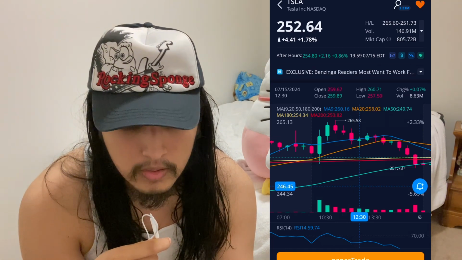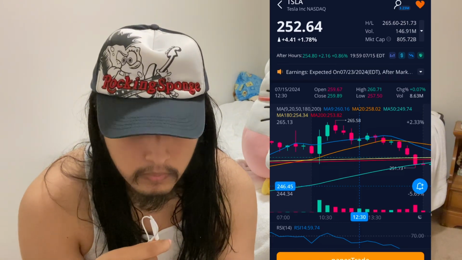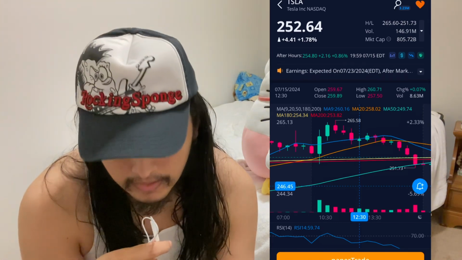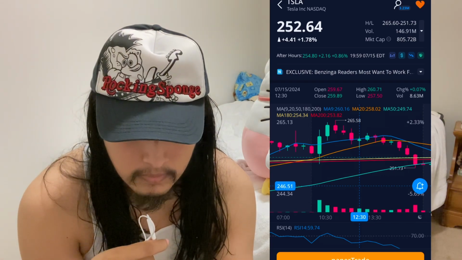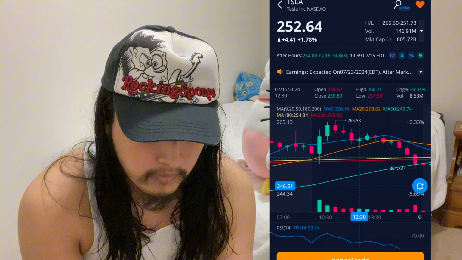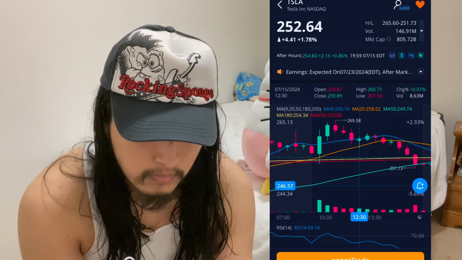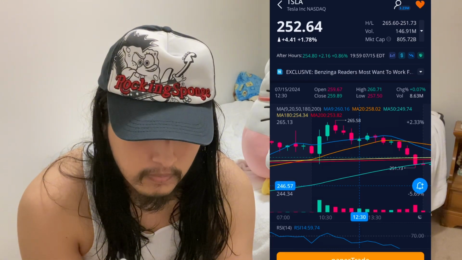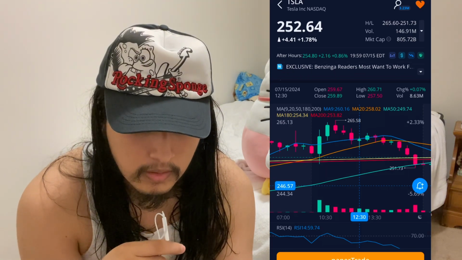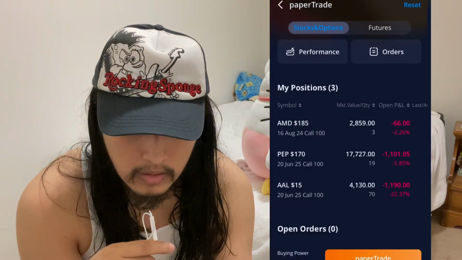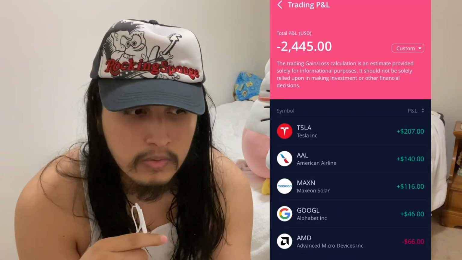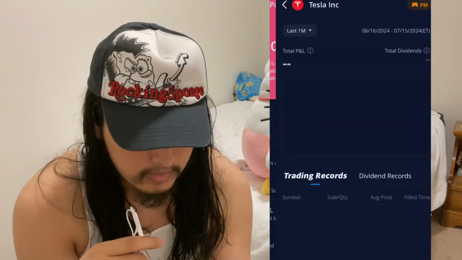And so I just waited for confirmation for Tesla to bounce off the 20-day moving average. And that's what happened exactly. And so when Tesla bounced off the 20-day moving average, I made a gain of $207 trading Tesla calls.